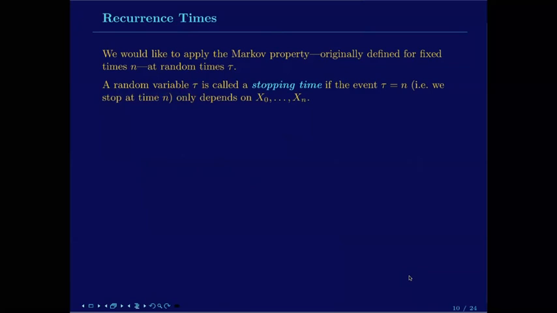We call such a random variable tau a stopping time if the event that tau takes the value n only depends on the realization of the underlying Markov chain up to time n, so on the values of X_0 up to X_n. The name stopping time can be thought of as follows: we want to stop the Markov chain, and our decision to stop, so to set tau equals n, must only use information available at that point in time.